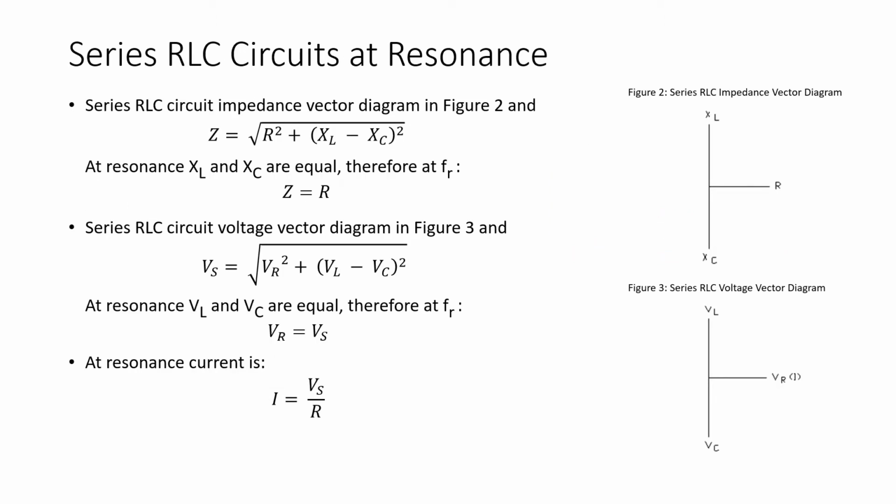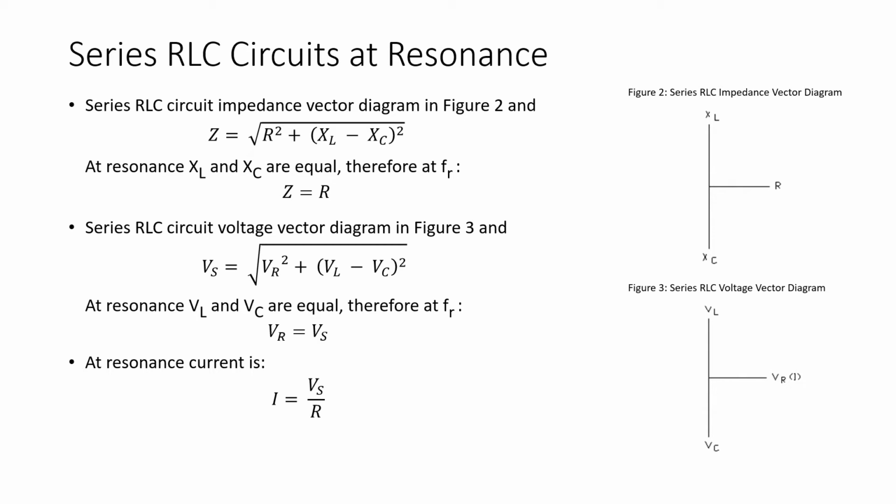Now, let's look at a series RLC circuit at resonance. Figure 2 shows us the impedance vector diagram for a series RLC circuit. And we recall that mathematically impedance equals the square root of R squared plus X sub L minus X sub C squared.